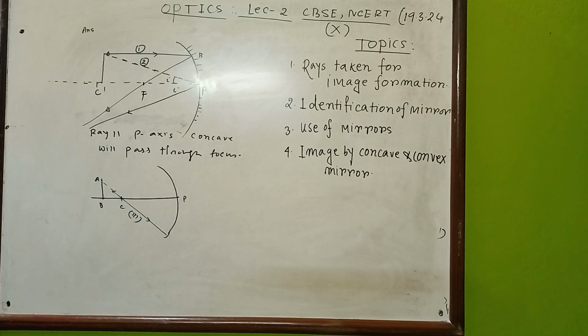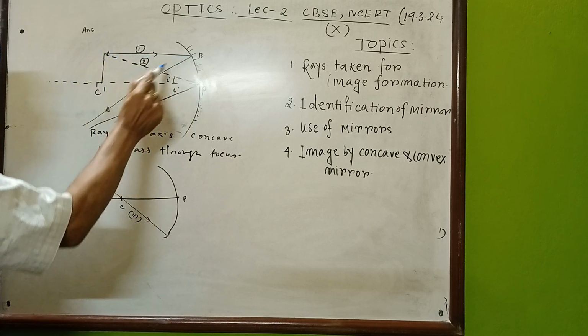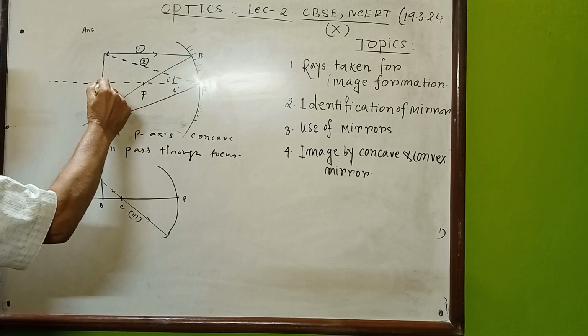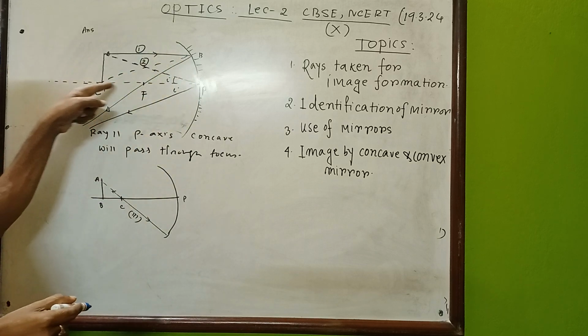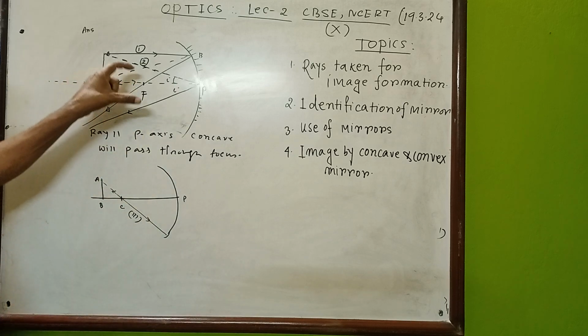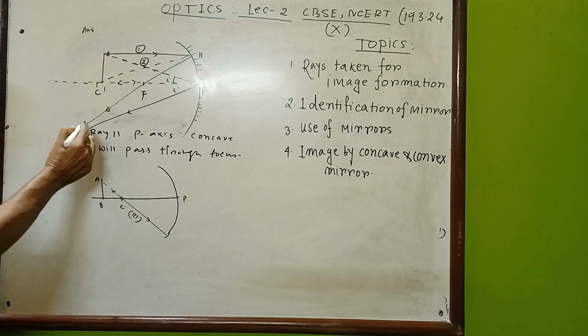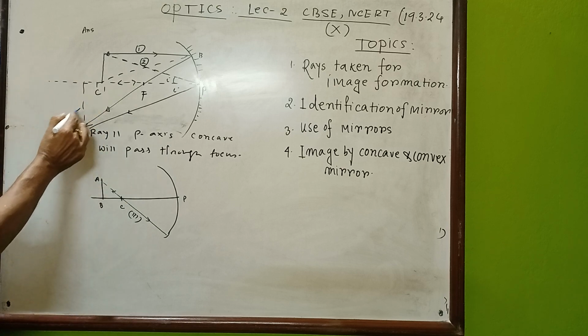So consider 3 rays generally. One is parallel to the principal axis, after deflection passing through the focus, or any ray passing through the center of curvature retraces back. Where any two rays meet, you draw a perpendicular on the principal axis and you get the image.